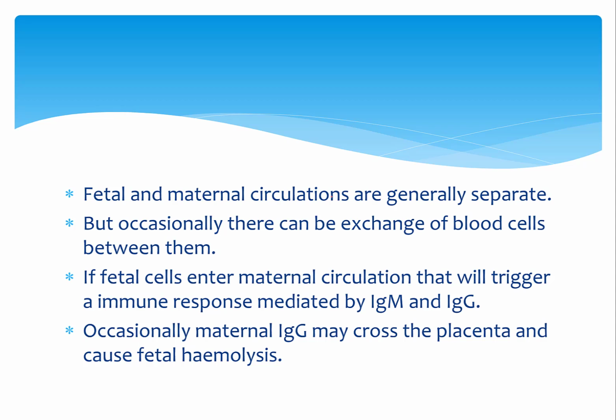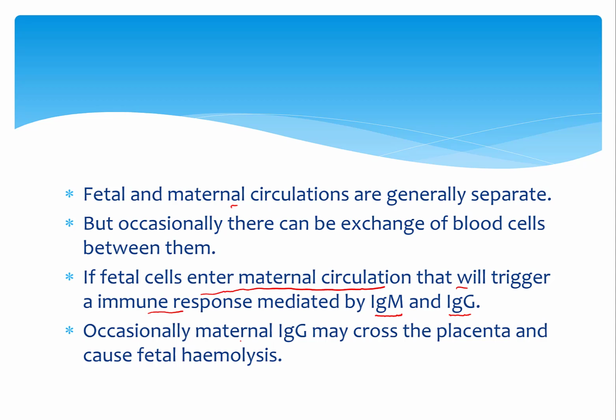In general, the fetal and maternal circulations are separate, but occasionally fetus can send blood to the mother, and mother can send her blood or serum components to the baby. And if a fetal cell enters the maternal circulation, it will trigger an immune response mediated by IgM and IgG production in the mother.